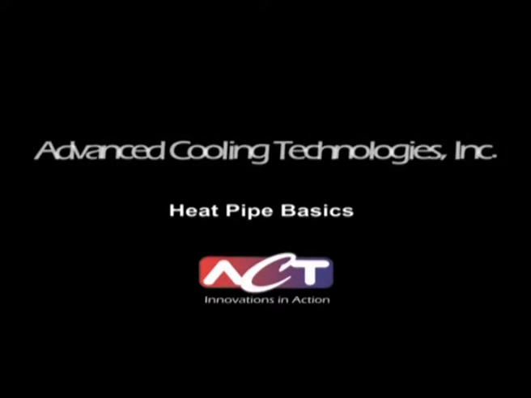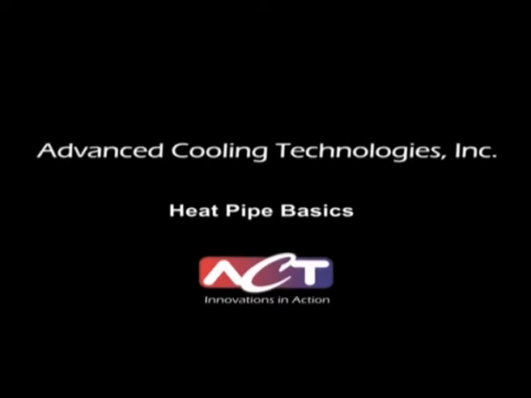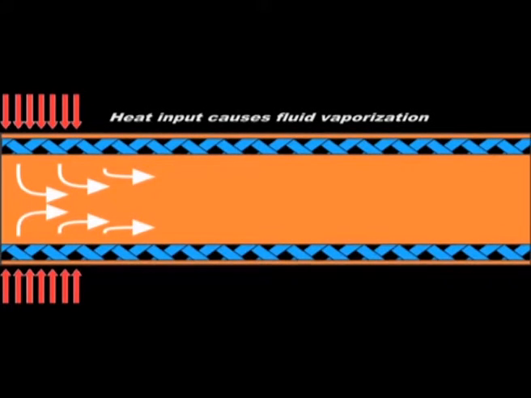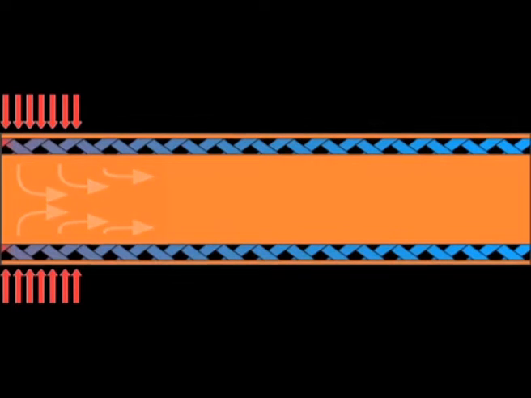Hello, and thank you for joining Advanced Cooling Technologies for this lesson on heat pipe basics. A heat pipe is sealed under vacuum with a small prescribed amount of working fluid. During non-operation, the fluid is contained inside the wick structure that lines the inner diameter of the heat pipe. When a heat source, such as an electronic component, generates heat, the fluid vaporizes at what is known as the evaporator section.